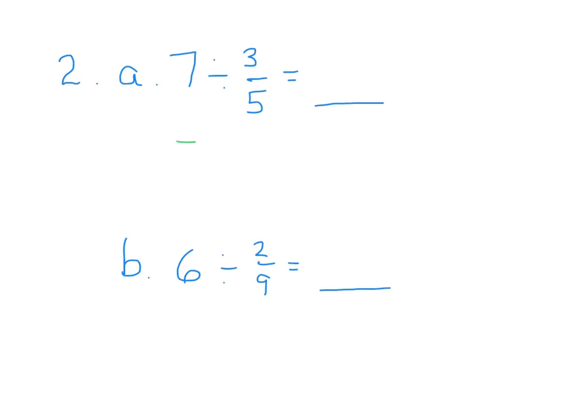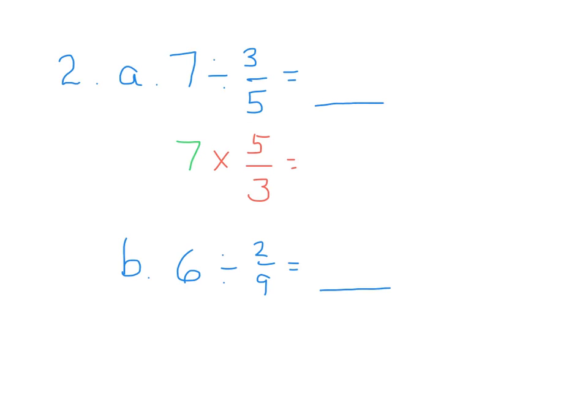So I'm going to copy the 7. I'm going to change the divide to times. I'm going to change 3/5 to its inverse. That's the inverted method, 5/3. I cannot reduce anything before I multiply here.